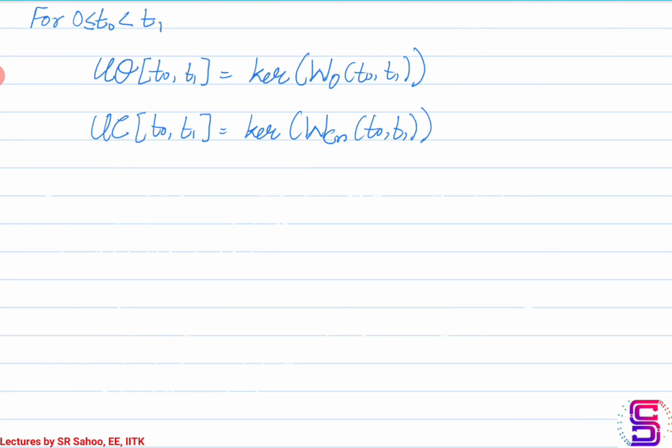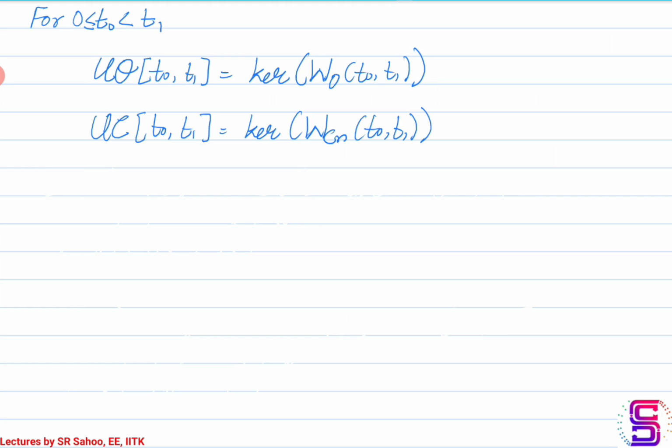One is the unobservable space is essentially the kernel, or the null space, of the observability gramian, and the unconstructible subspace is the kernel of the constructibility gramian, also known as the null space of the constructibility gramian.